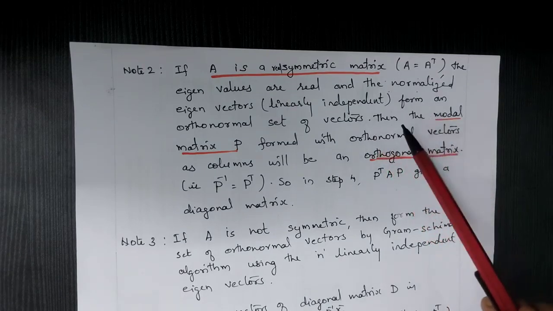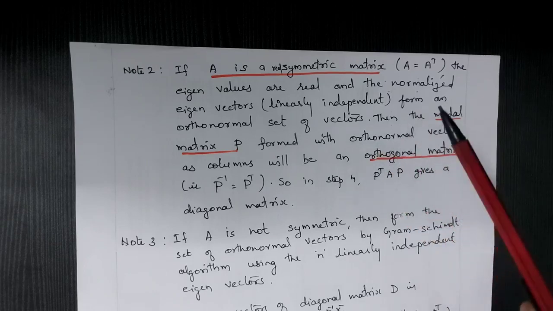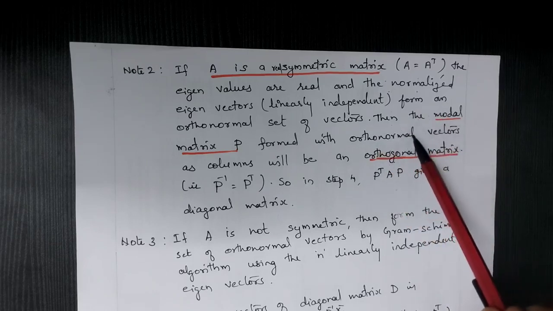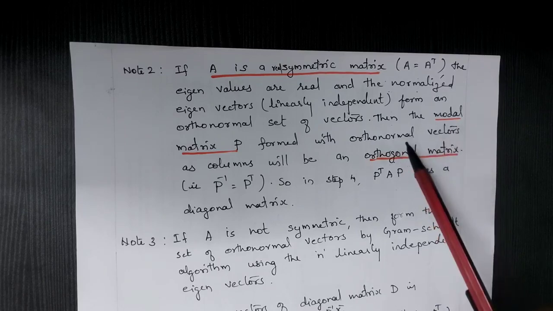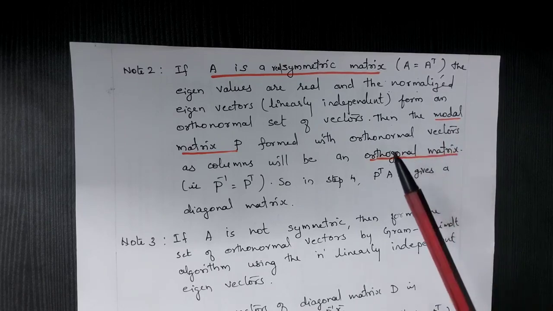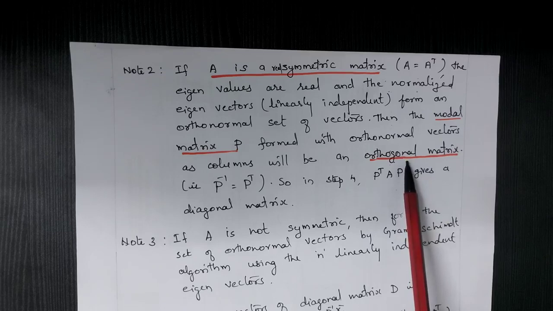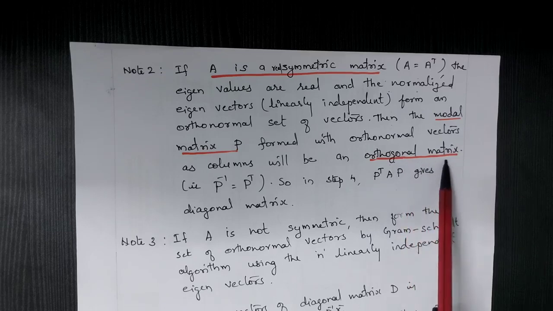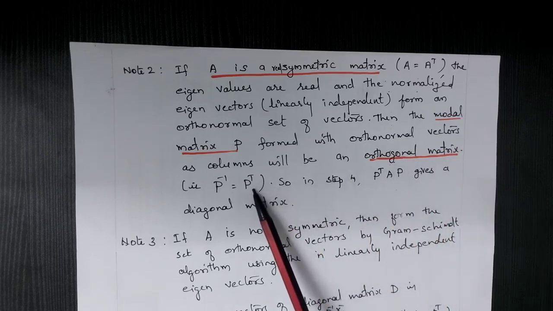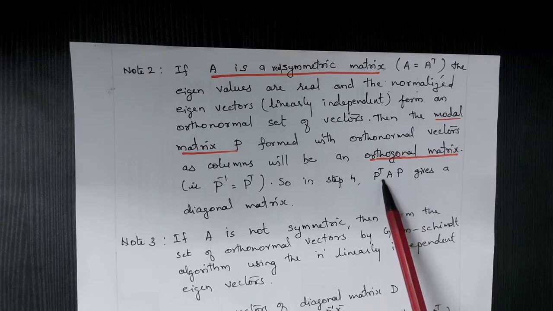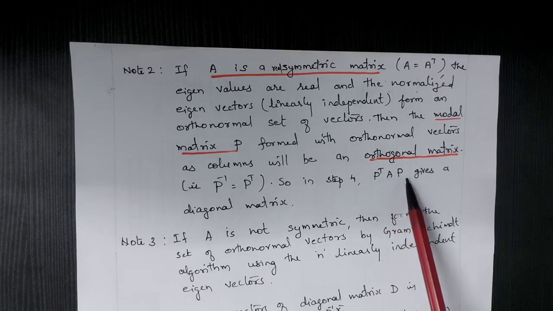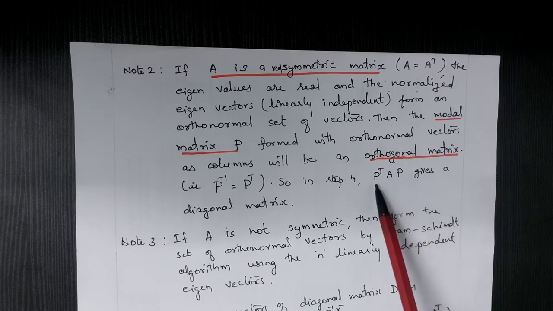And then our model matrix is going to be an orthogonal matrix because the columns of the model matrix are orthonormal vectors. When the model matrix is an orthogonal matrix, P inverse must be P transpose. So, it's enough if you find P transpose AP to get the diagonal matrix.